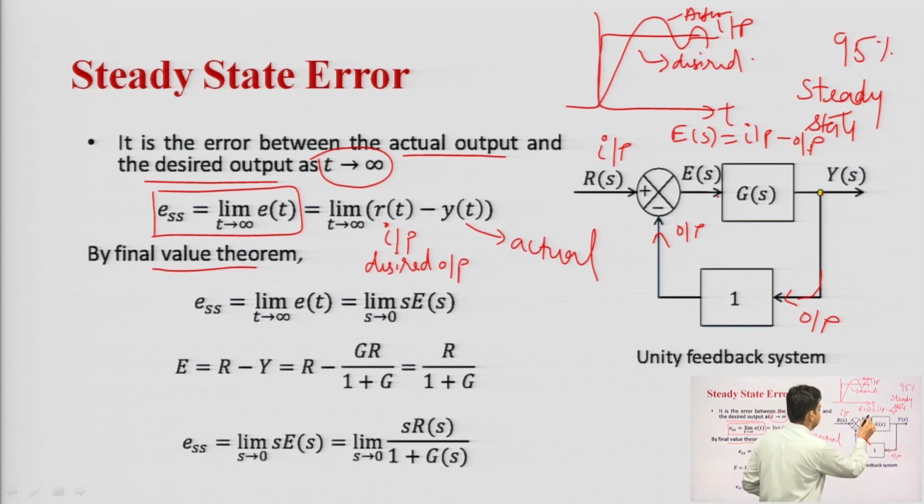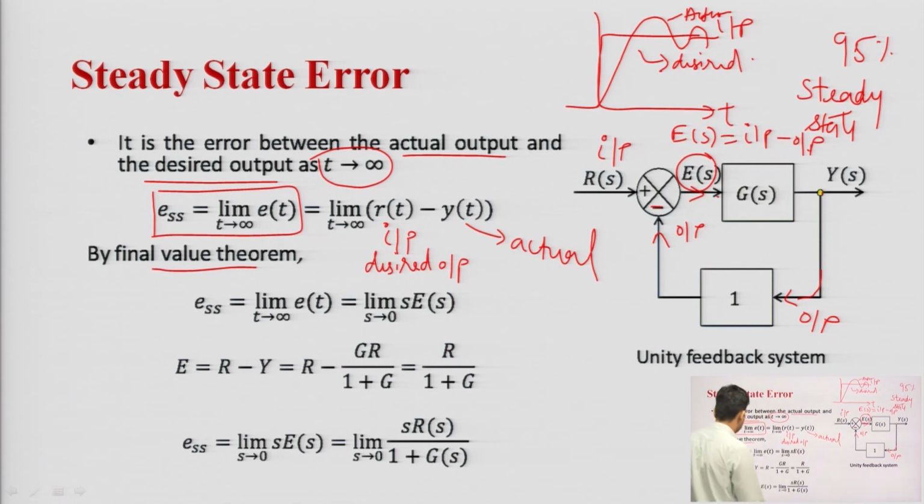So, this is the error generated at the output of the summing point. Okay. And in 90% of applications we apply negative feedback. So, if we calculate E(s), E(t) in terms of this expression, the steady state error e_ss equals limit t tends to infinity e(t), which, if I take the Laplace transform, becomes limit s tends to 0 of s times E(s). Okay. This will come.